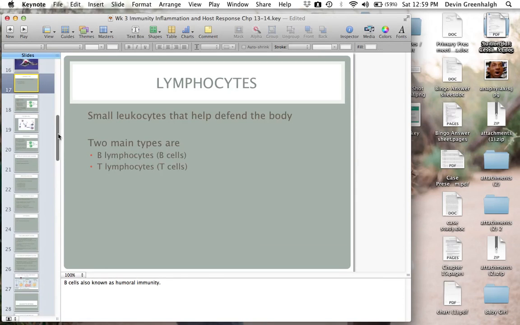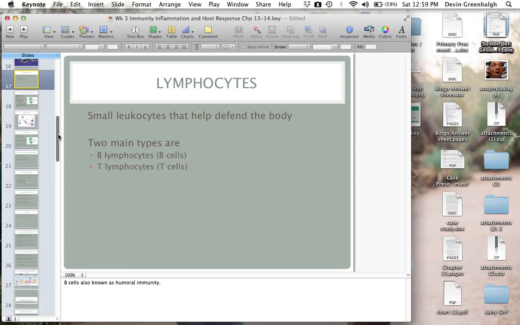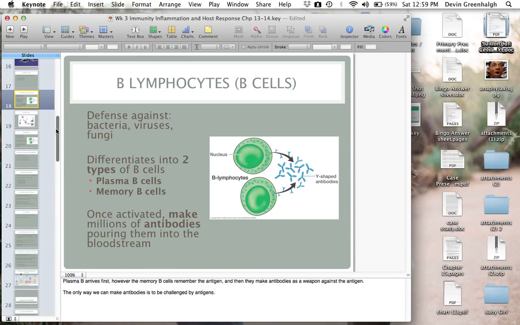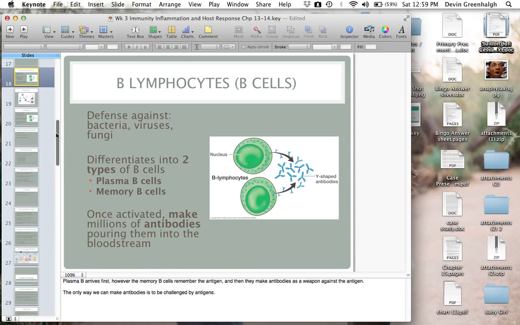Lymphocytes. Small leukocytes that help defend the body. What are the two types of lymphocytes? B cells and T cells. B lymphocytes, B cells, defend against bacteria and viruses. They differentiate into two types of B cells, plasma B cells and memory B cells.